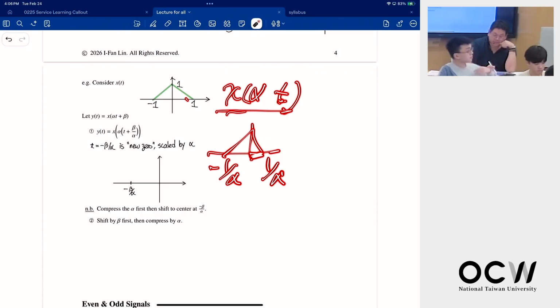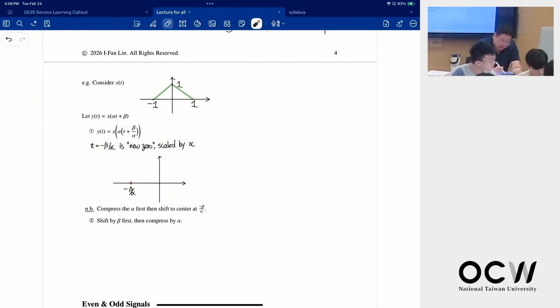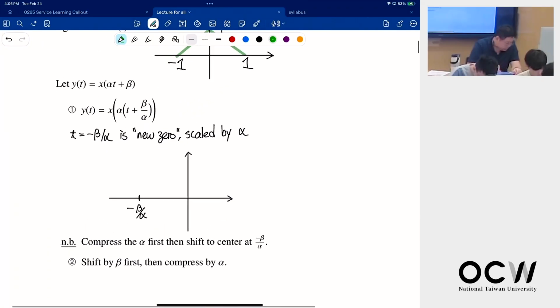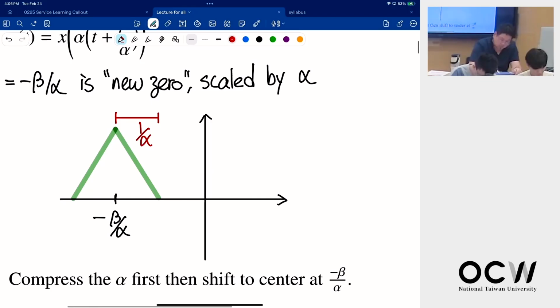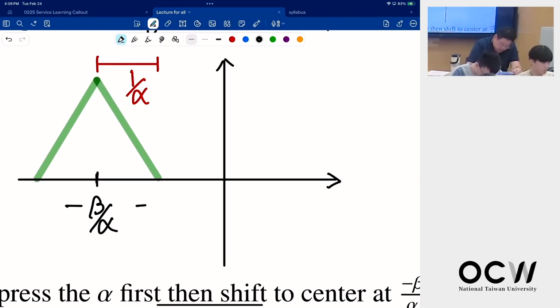This length will be 1 over alpha. So here we should have 1 over alpha because this is our new 0. I shift to the left and then scaled, compressed if alpha is greater than 1. So here we have minus beta over alpha plus 1 over alpha.